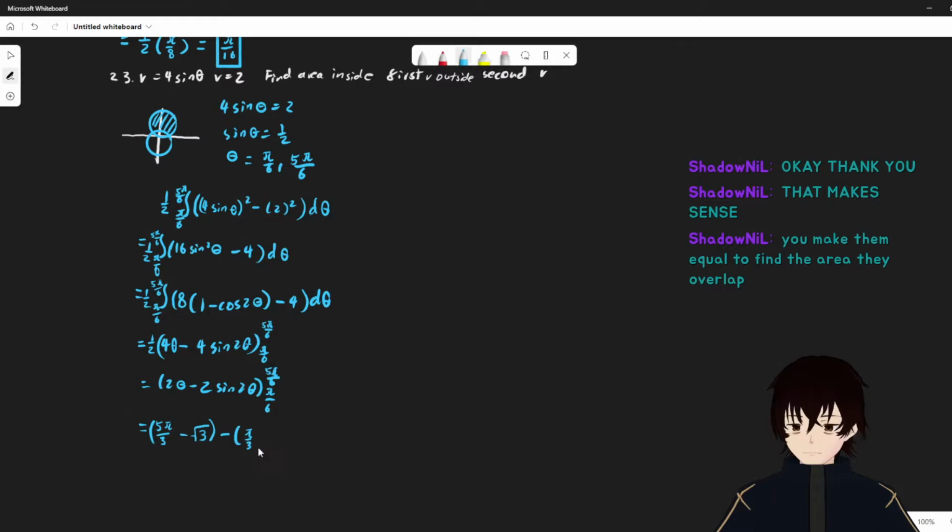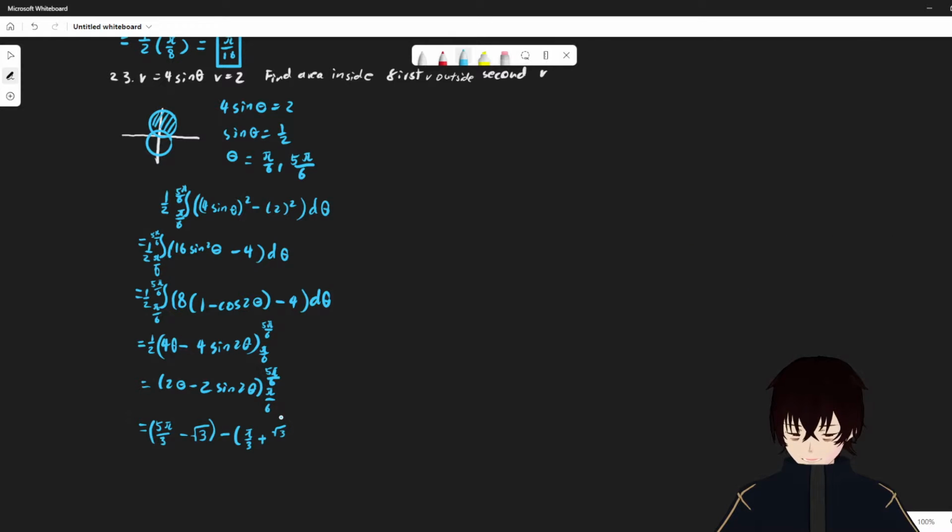Yep. Pi over 3 minus pi over 3 minus sine of pi over 3 is root 3 over 3? Or is it... Yeah. Wait, is it negative root 3 over 3? Gotta double check.